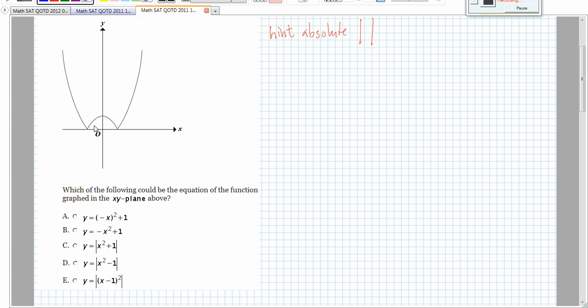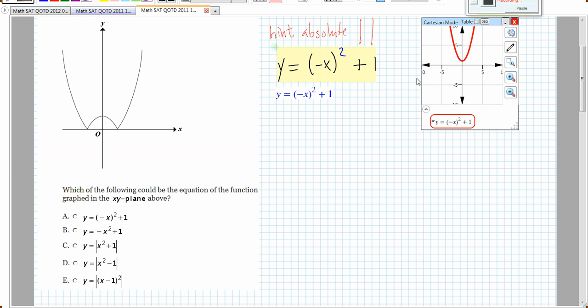So is this graph equal to y equals minus x squared plus 1? Well, when you take a minus x and square it, it's just the same as taking any old x and squaring it. But let's see what the curve of that is.